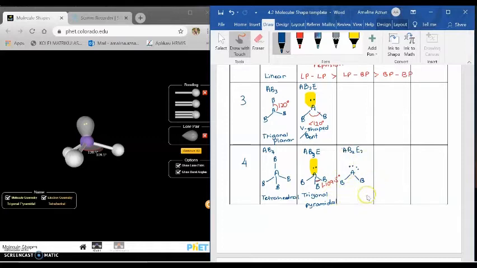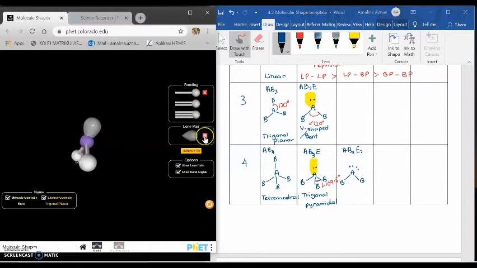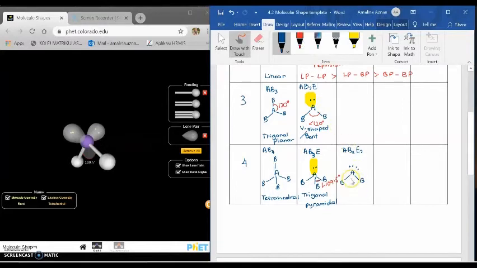So when you add a lone pair, there is repulsion on the bonding pairs, so the bond angle will shrink.